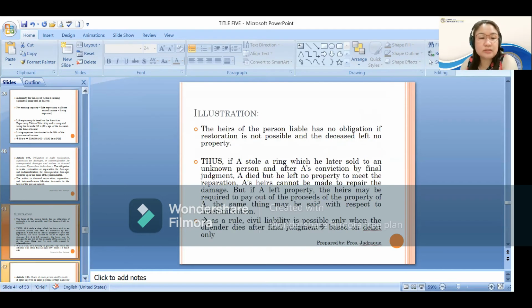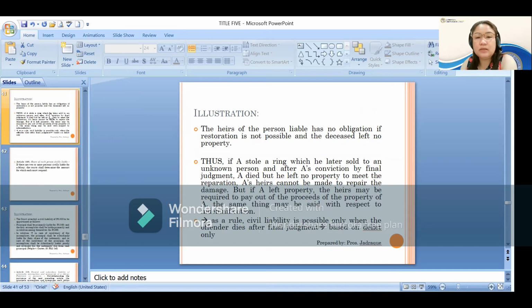So to illustrate that one, the heirs of the person liable as a rule have no obligation if restoration is not possible and the deceased left no property.